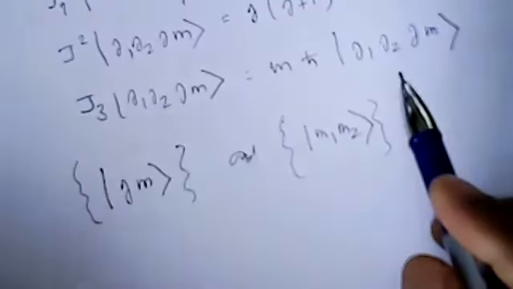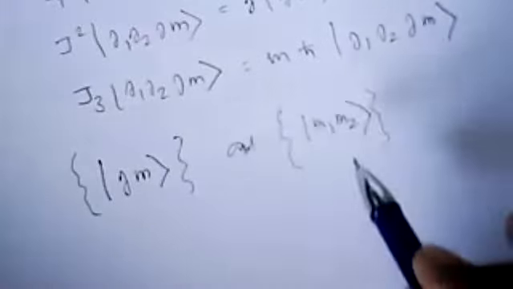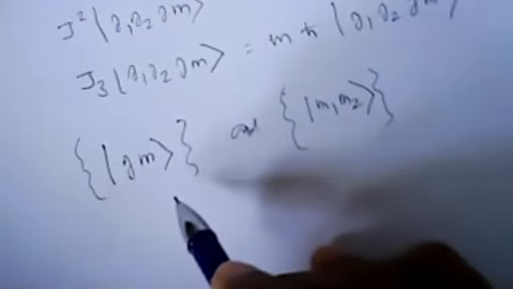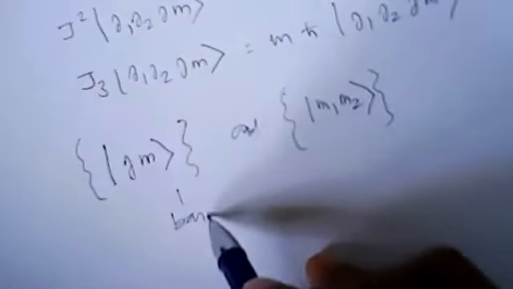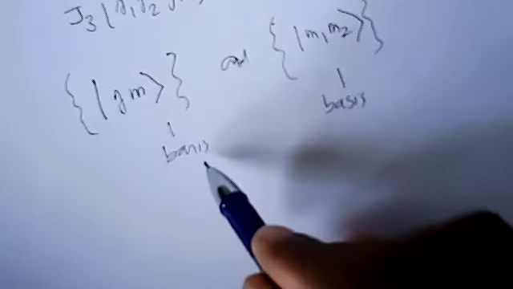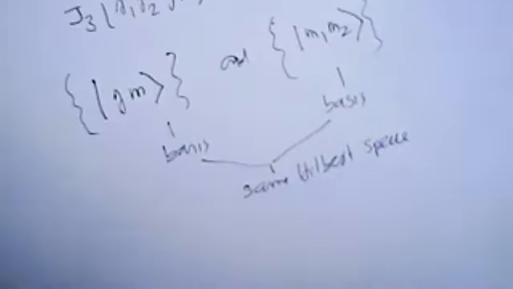These are two representations or two bases in the same Hilbert space. When you add two angular momenta, the space does not change. Everything happens in the same Hilbert space, so both bases are in the same Hilbert space.